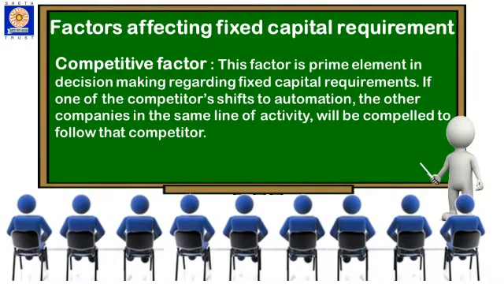If company A updates the production activity by purchasing new tech machinery, company B as a competitor will also try to purchase a better machinery than company A, for which they will require a good capital, and hence the requirement of fixed capital may change due to the competition factor.